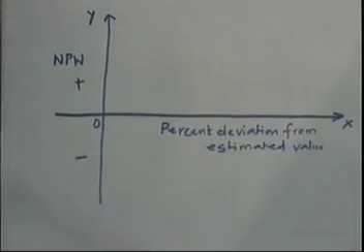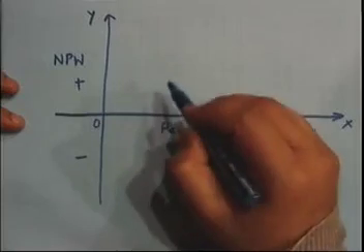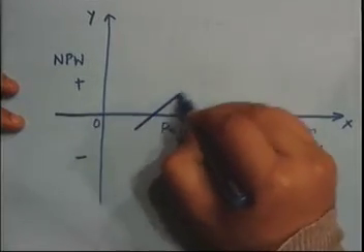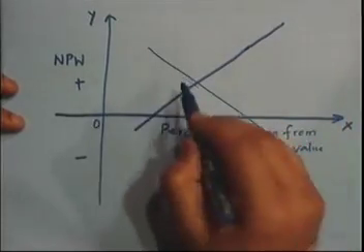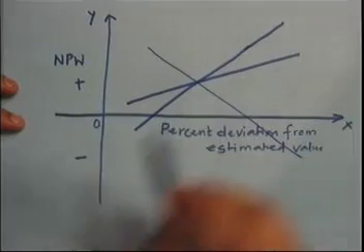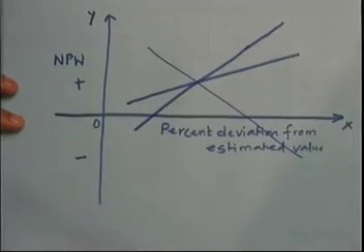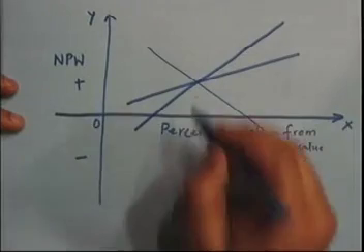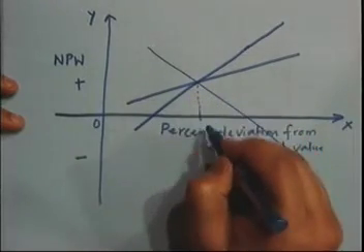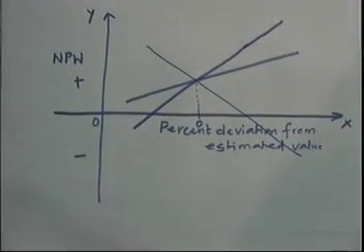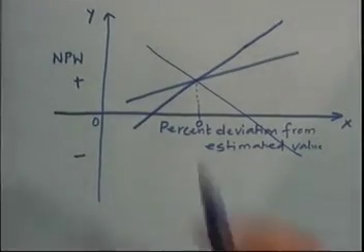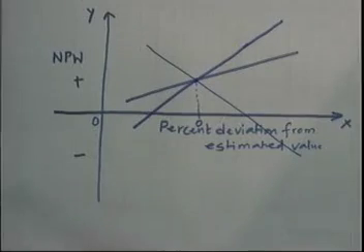For example, I can get a diagram like this. Let us say this is 0 deviation. That means whatever my estimate was originally, if there is no change, I must be getting a net present worth in positive as far as this example is concerned.